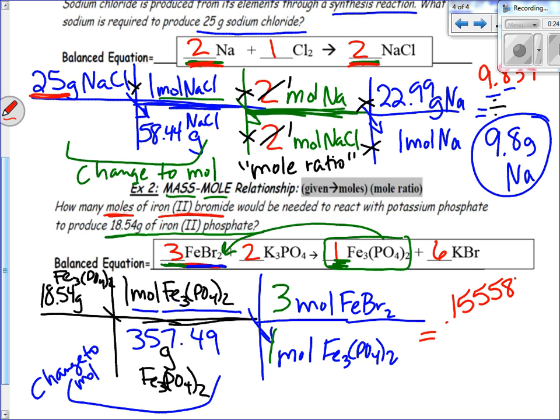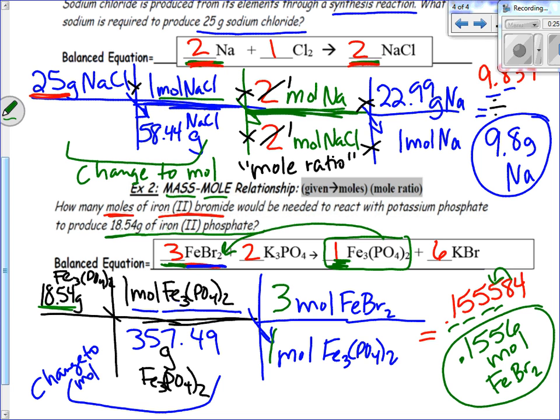How many digits, though, should I keep in my answer? We have 4 over here to begin with, so I'm going to keep 4 in my answer. 1, 2, 3, 4. Do I round up that last 5 or do I leave it a 9? Good. So this is 0.1556 moles of FeBr2. Is my final answer.